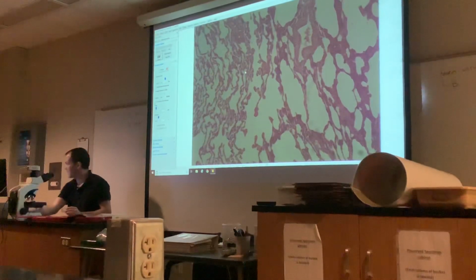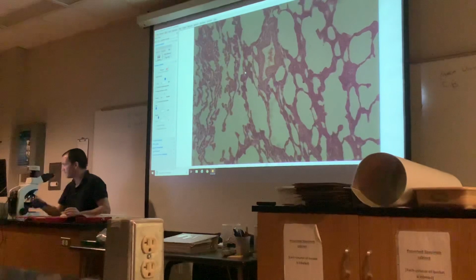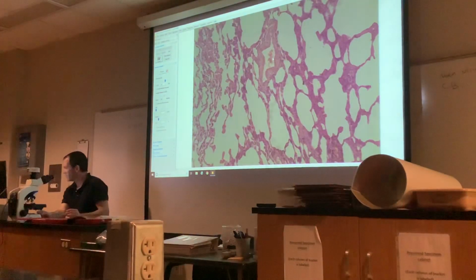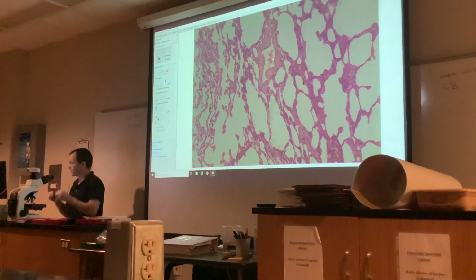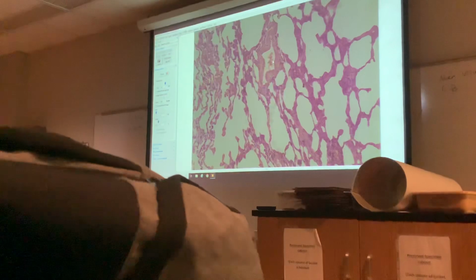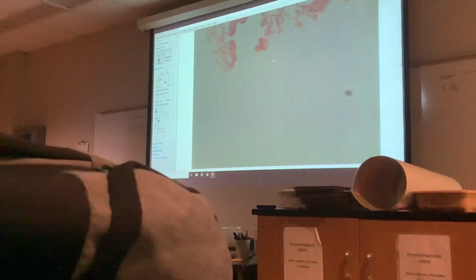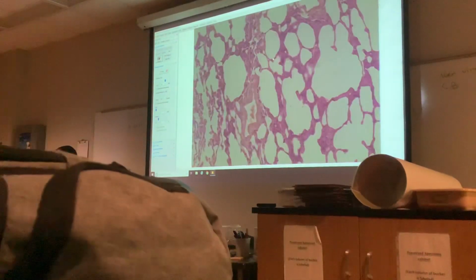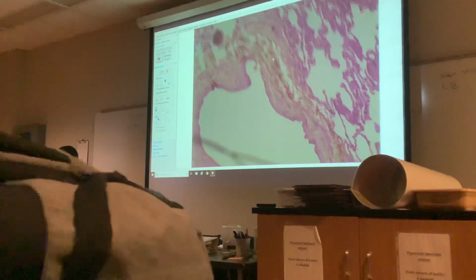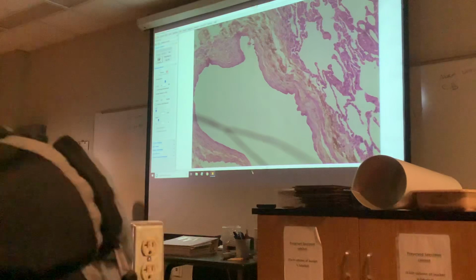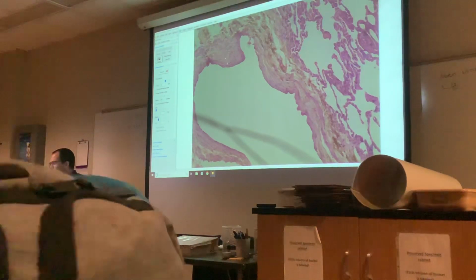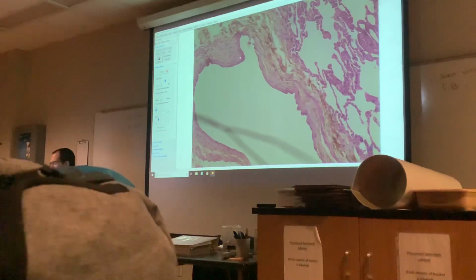I thought I saw a blood vessel right here. This is a blood vessel. It's like an artery, but I wouldn't bet my life on it. And I know I saw a bronchiole somewhere, right there. So this is a bronchiole, and one way you can tell is that there's no big smooth muscle layer, right?